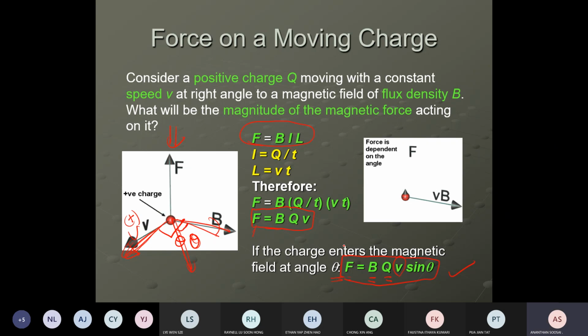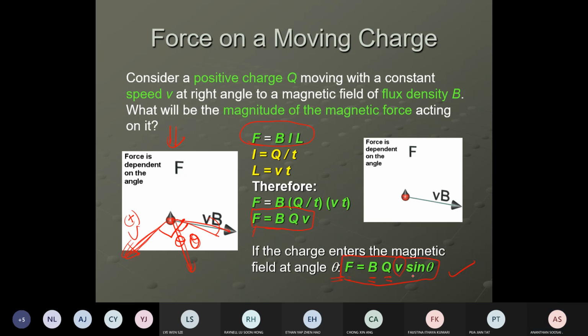This is something very different from other fields, right? In an electric field, whether a charged particle is moving or not moving, it experiences the same force. But in a magnetic field, the force is dependent on the speed. The only field where the force is dependent on the speed is the magnetic field.